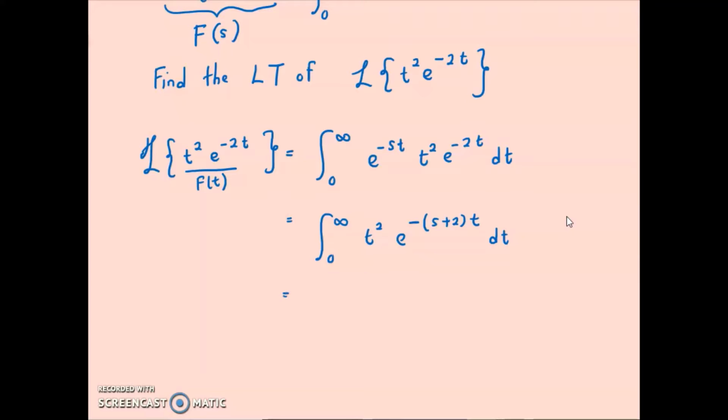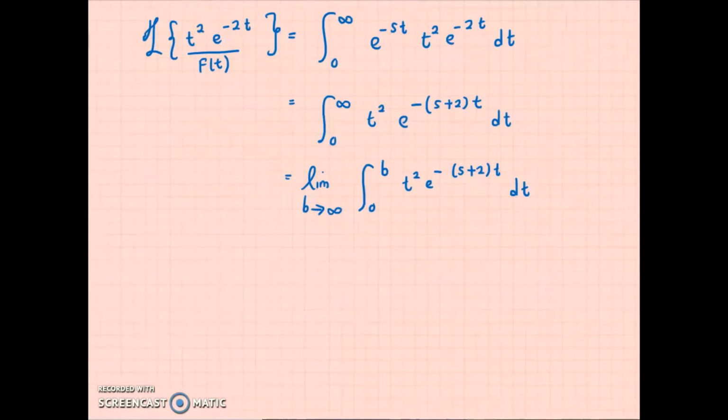Now by the definition of the improper integral, this becomes the limit as b approaches infinity of the integral from 0 to b of t squared e^(-(s+2)t) dt. Okay, so now all we gotta do is solve this integral.